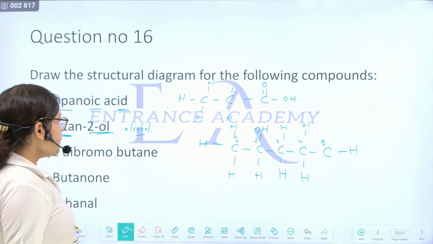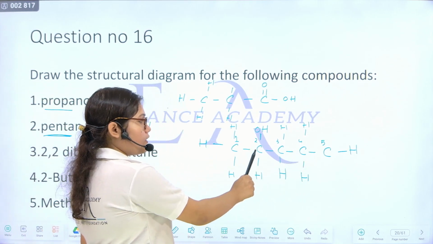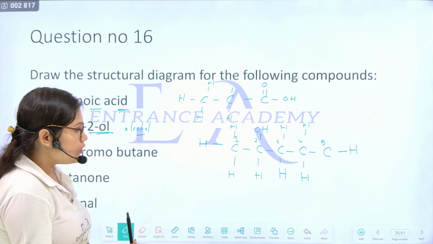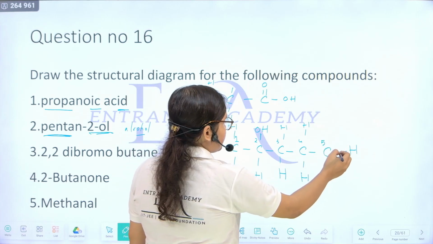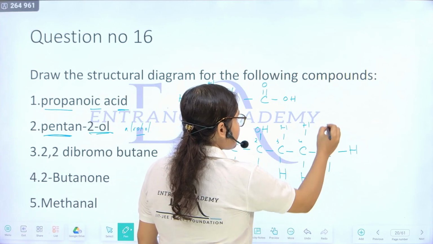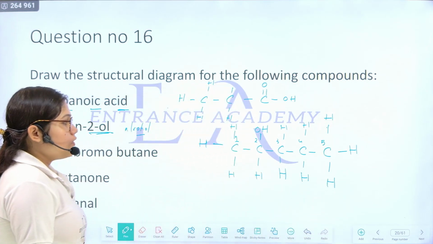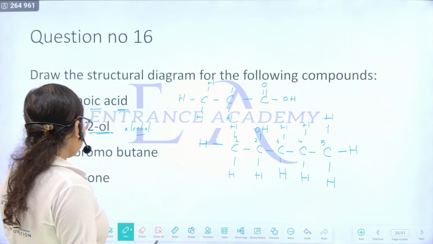This is the structure of pentanol, where number of carbons is 5. Then at the second position of carbon, OH group, that's functional group alcohol present, and the rest are carbon. So the structure is this. This is the structure of pentanol.